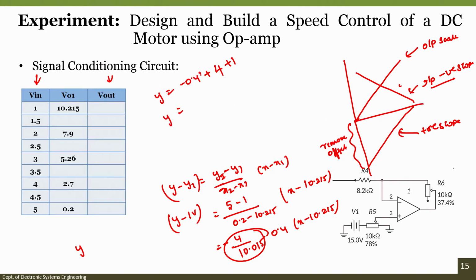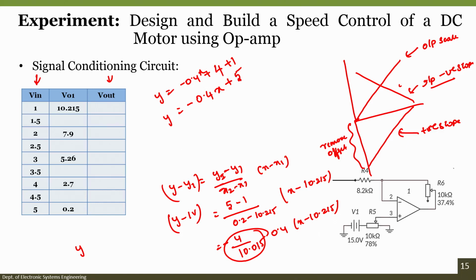That means if I provide a slope of 0.4 magnitude, that too a negative slope, with an offset of 5 volts, then my problem would be solved.